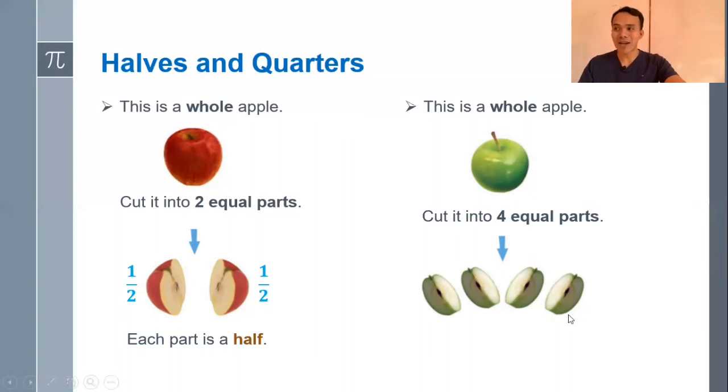Notice that the slices are of the same size. Each part is what we call a quarter, or 1/4. Meaning, this is 1/4, this part is also 1/4, this part is 1/4, and this part is 1/4.